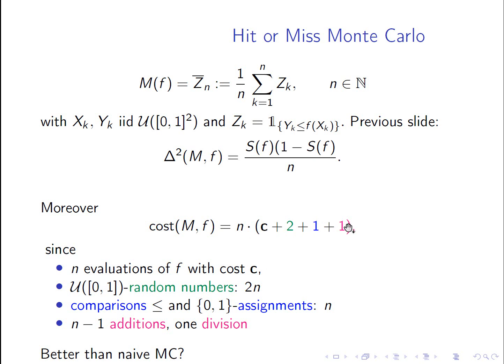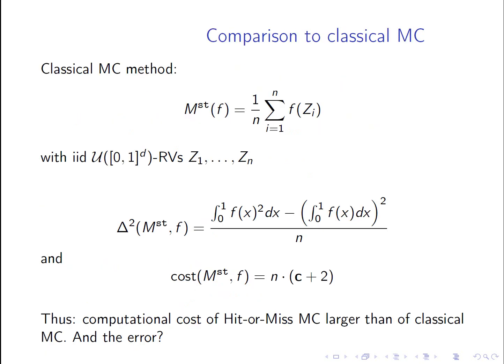And the question now is whether hit or miss Monte Carlo is better than naive Monte Carlo. If you look at the cost, that's the classical Monte Carlo method, where we just take our IID uniformly distributed random variables on [0, 1], plug them into f and average. The cost we have already computed: that's n times (c plus 2).